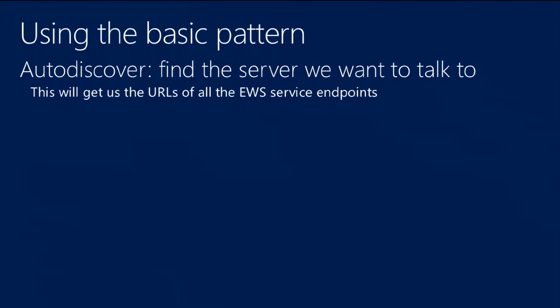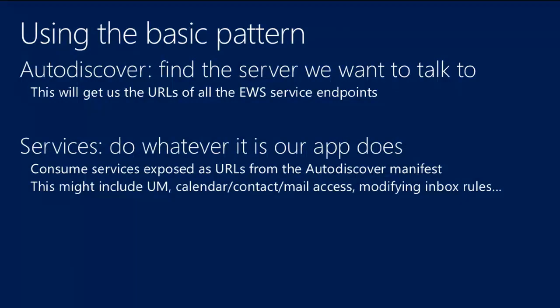Okay, we're not going to be using those in the demos, but the first step to being able to use any of these services anywhere is going to be doing an AutoDiscover to get back the manifest. Then after we do that, we're going to use this method of blocking out some XML, posting it, and then reading the results to talk to these services that AutoDiscover has exposed for us.